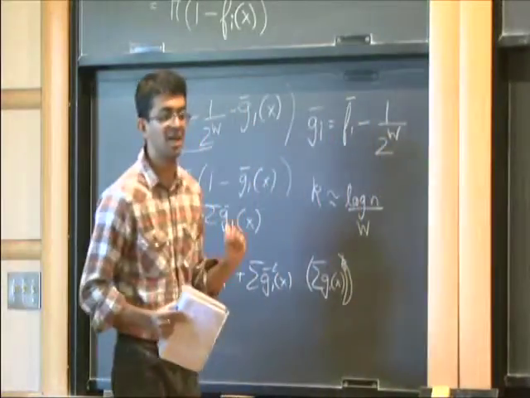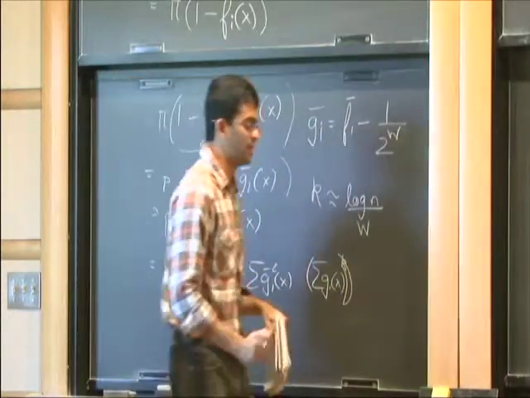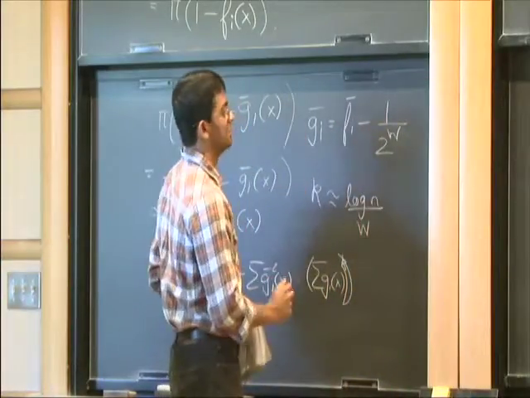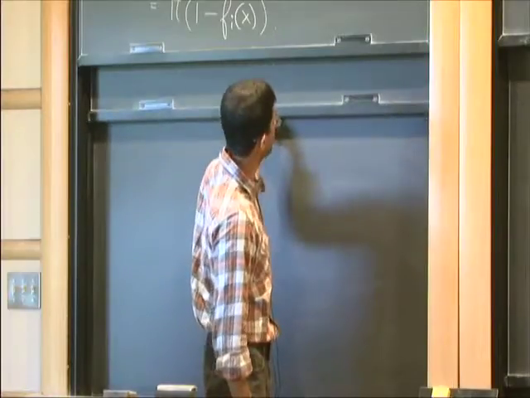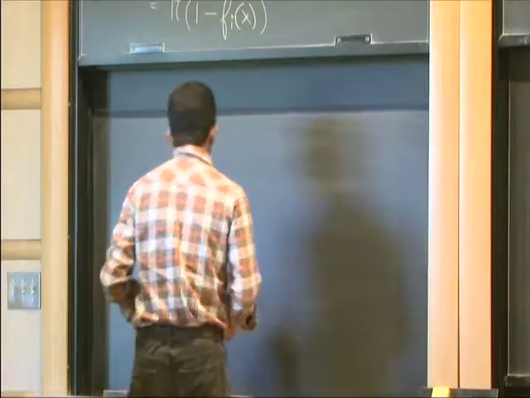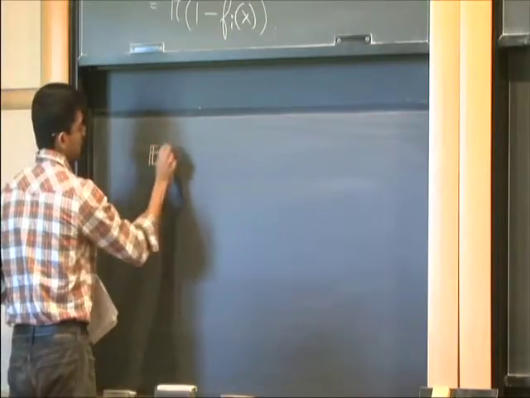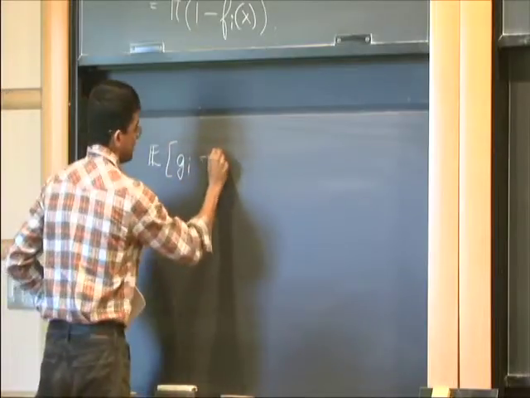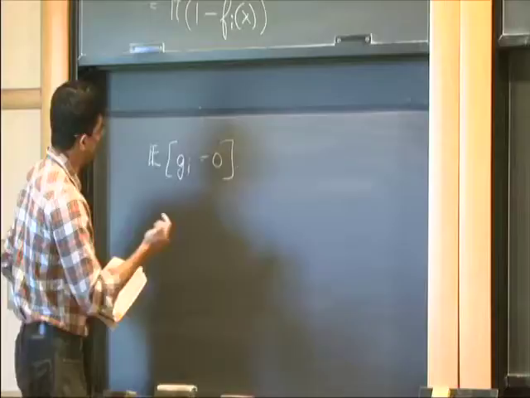But basically, once you have the sum of the variances small, right, then you expect, okay, I won't make it precise, but let me try and convince you that most of the time the sum of the gi should be small. Okay. So what do we know about the gi's?